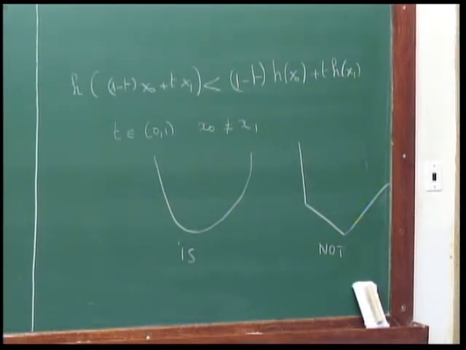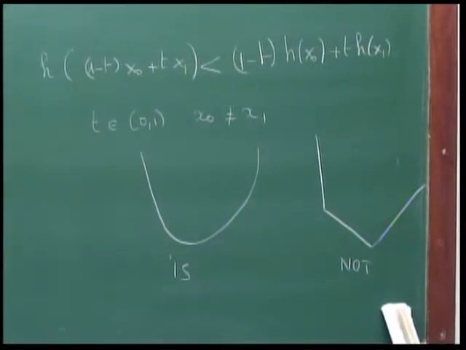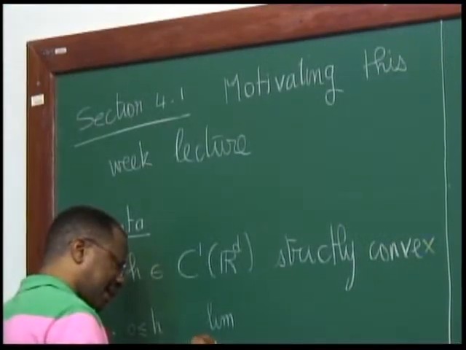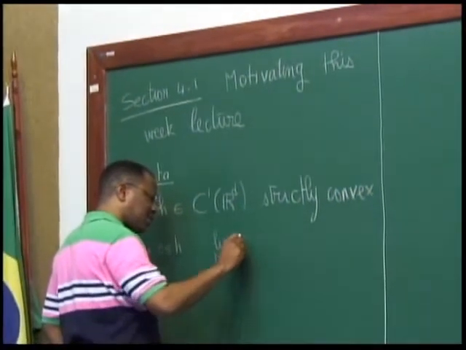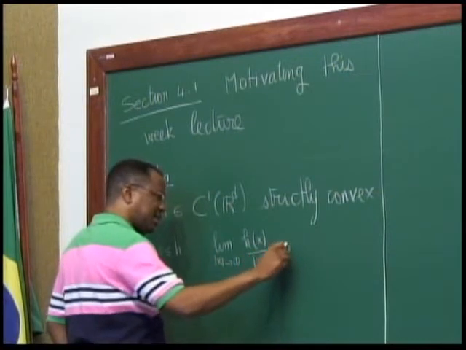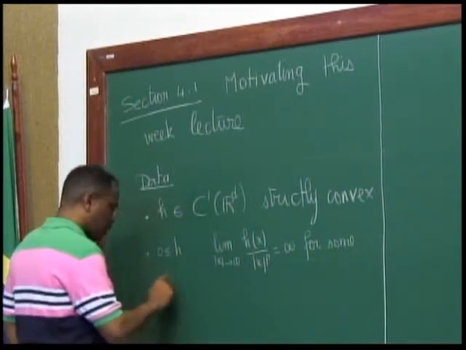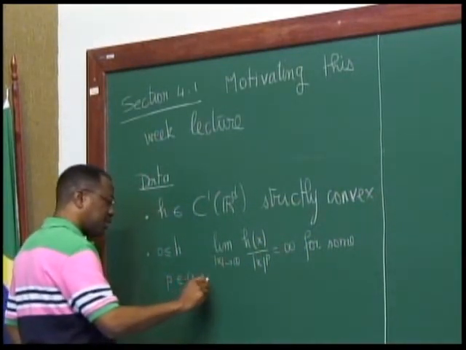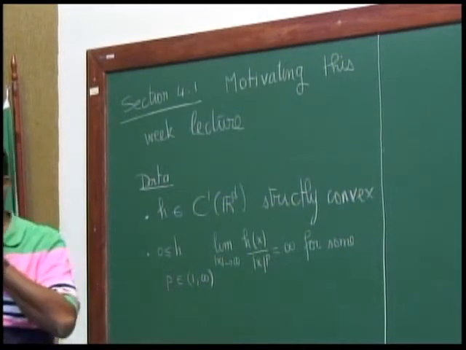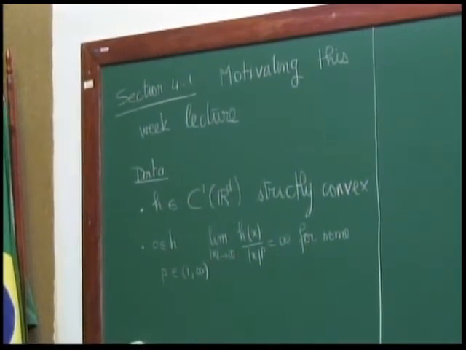I am also going to assume that h is non-negative, and the limit when x goes to infinity of h of x divided by the norm of x to the power p equals plus infinity for some p which is strictly bigger than 1. So this is telling me that when x goes to infinity, h is increasing very rapidly.